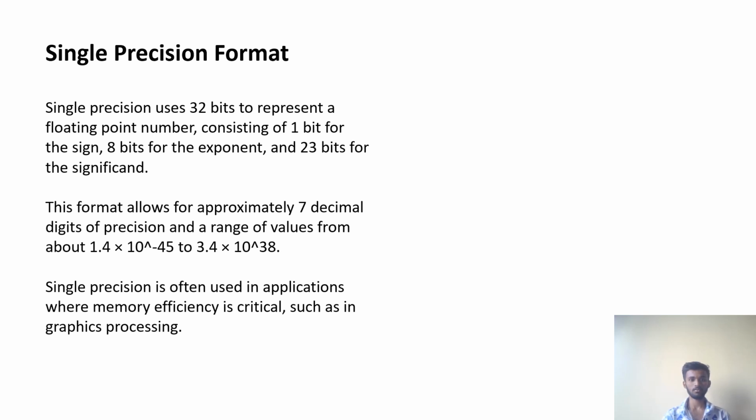This format allows for approximately 7 decimal digits of precision and a range of values from about 1.4 × 10^-45 to 3.4 × 10^38. Single precision is often used in applications where memory efficiency is critical, such as in graphics processing.